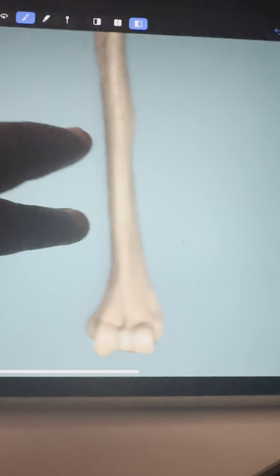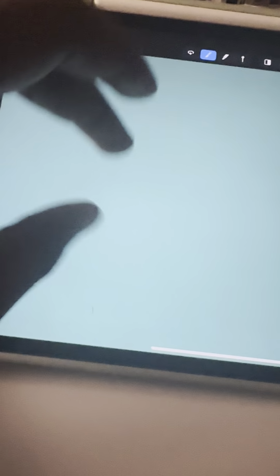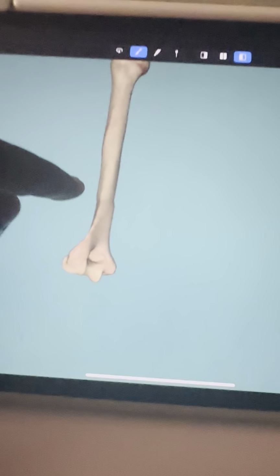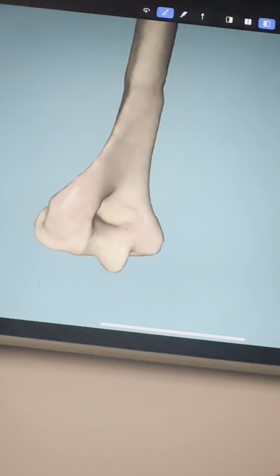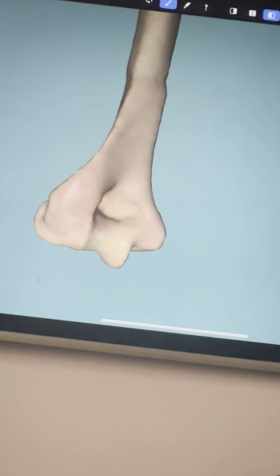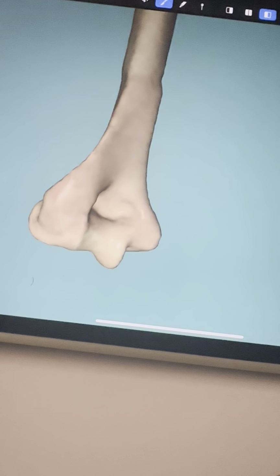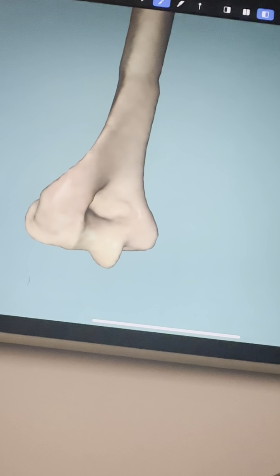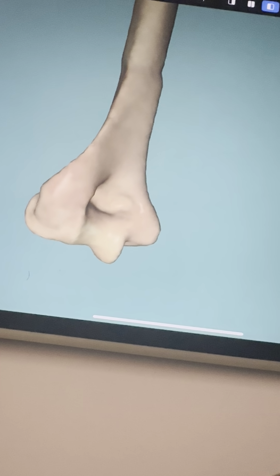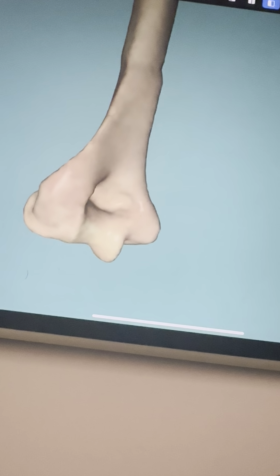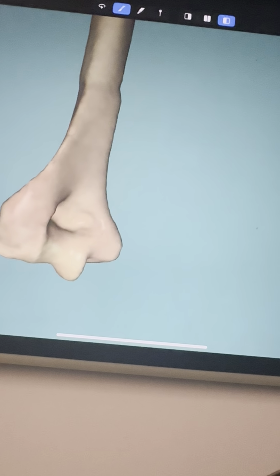Your olecranon fossa is a depression on the posterior side of the humerus, which the ulna fits into when the elbow is extended, and the coronoid fossa and radial fossa are where parts of the ulna and the radius sit during elbow flexion.